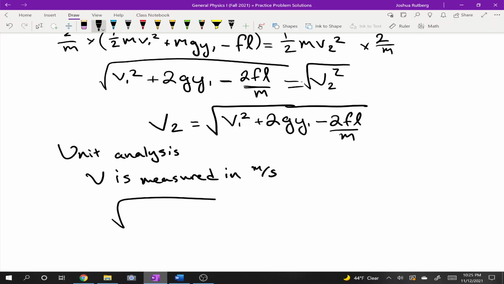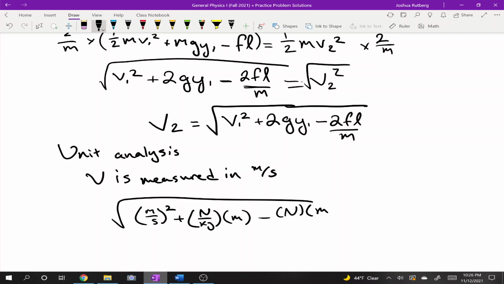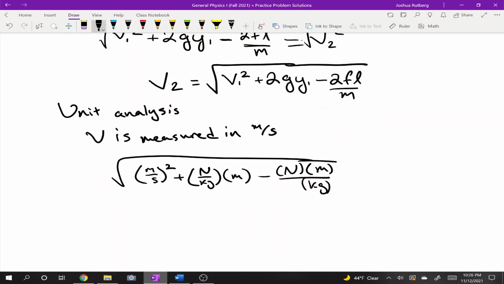So I have the square root of v1, measured in meters per second, squared, plus 2, which doesn't have a unit. The unit of g is newtons per kilogram. The unit of y is meters. Minus, again, 2 doesn't have units. The unit of force is newtons. The unit of length is meters, divided by the unit of mass, kilograms.